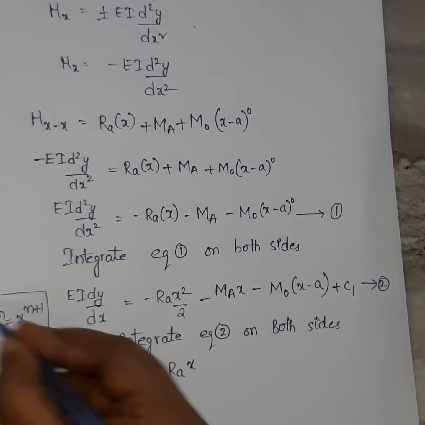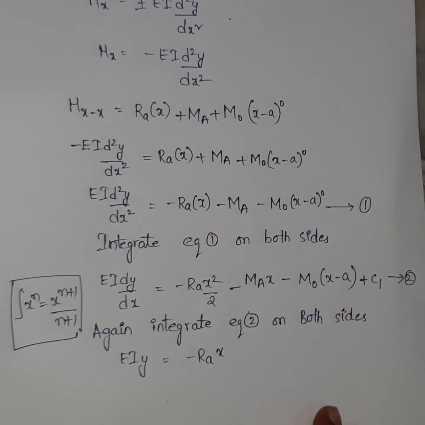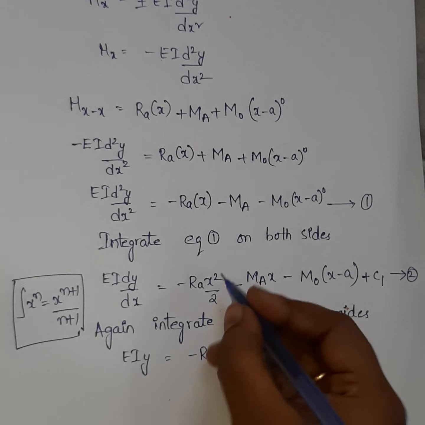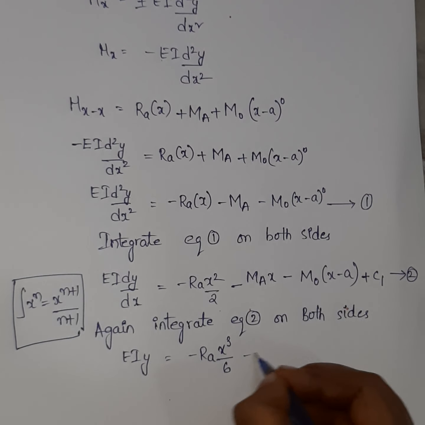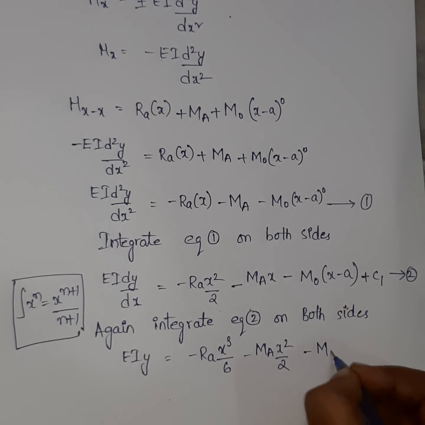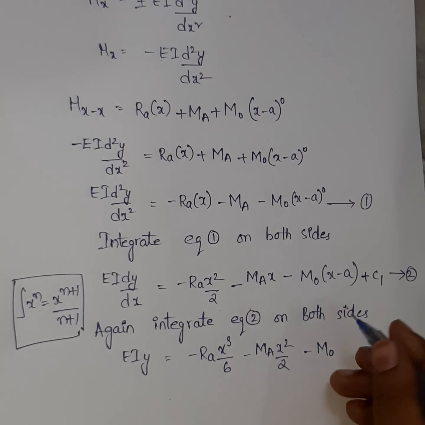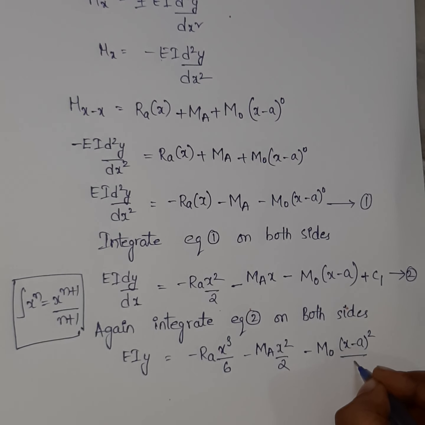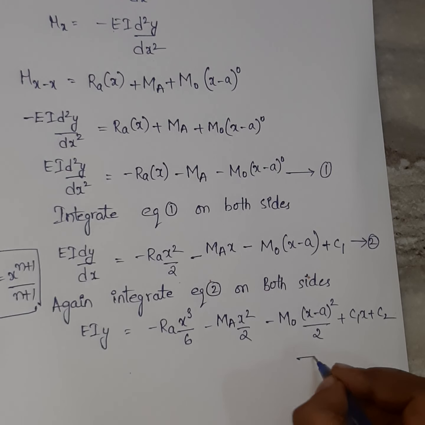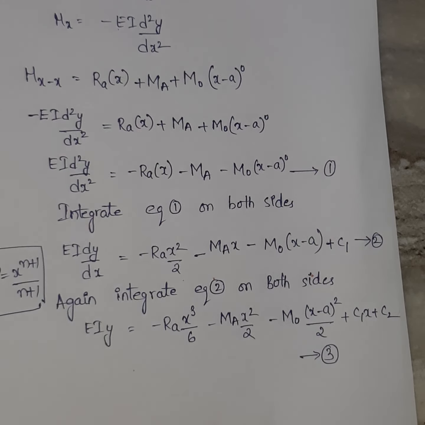You should know this formula. x square means x cube by 3, 2 into 3, how much? 6. Minus MA x square by 2 minus M0 into x minus a whole square by 2 plus C1 x plus C2. I am taking this as equation number 3.